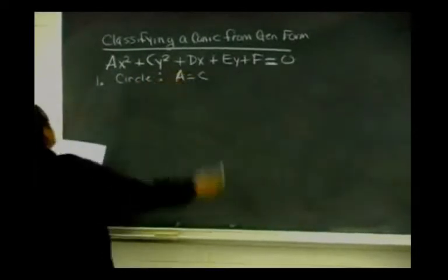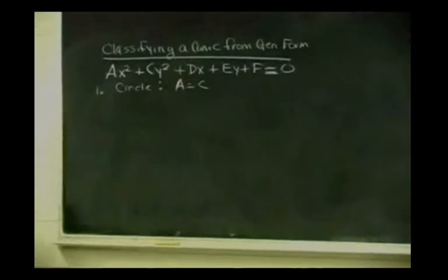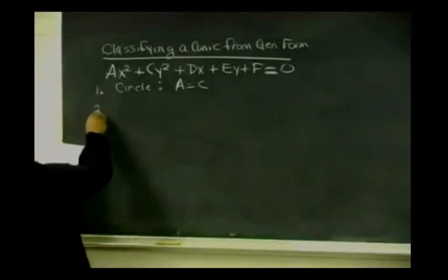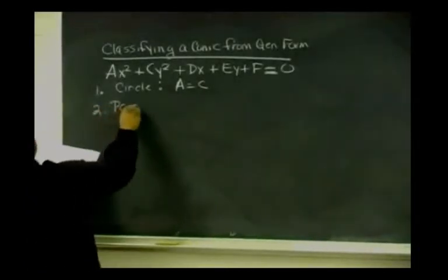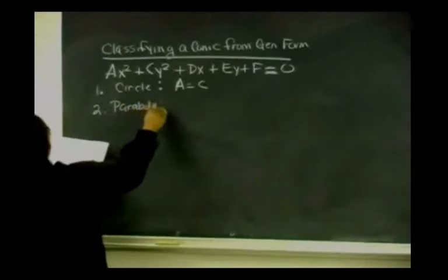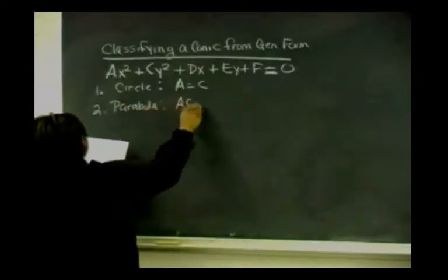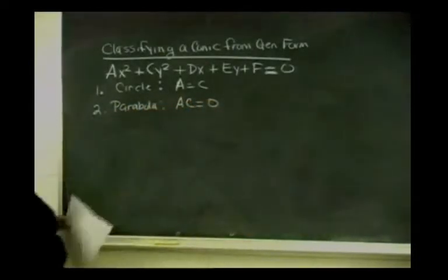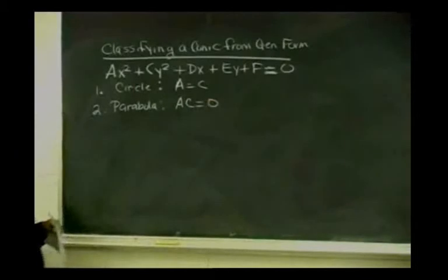Now notice we're looking at the coefficient of the x squared and y squared here. So if the coefficient of x squared and y squared are equal, then we have a circle. Number 2, we have a parabola if the product equals 0. And the product will equal 0 if what? One of them is not there. Either x squared is not there or y squared is not there, right?